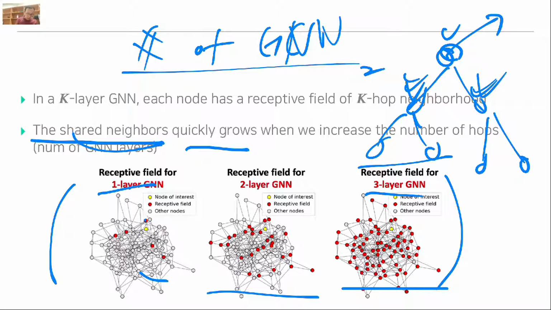The shared neighbors are growing, which means it's likely to have the same output because we aggregate the neighbors, right? The neighbors are used to decide the representation of the target node. But when we have more shared neighbors, it is likely to have a very similar representation.